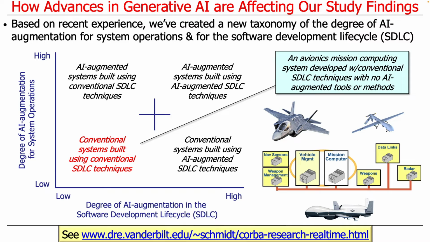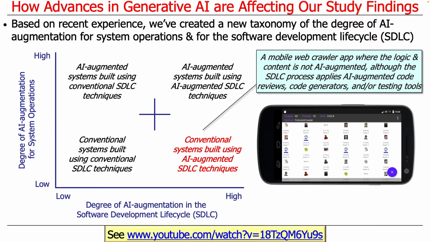Avionics mission computing systems are responsible for making sure that airplanes get where they need to go and carry out their missions successfully. These kinds of systems historically have been safety critical, mission critical, real-time embedded systems where the right answer delivered too late becomes the wrong answer. And they have historically been built without using any AI whatsoever in the software development, and they don't really use much AI in their operations. There's getting to be a little bit more AI in some things like target recognition and so on, but historically these have been very deterministic systems. That's the way most systems exist today.